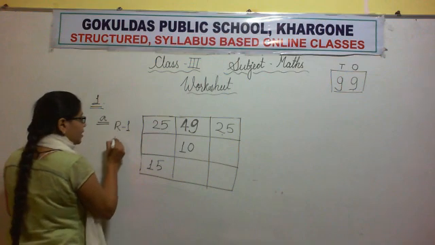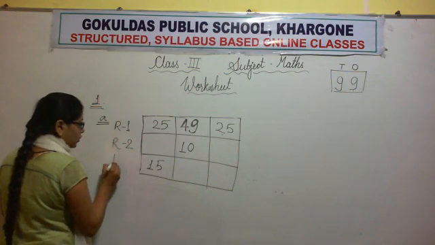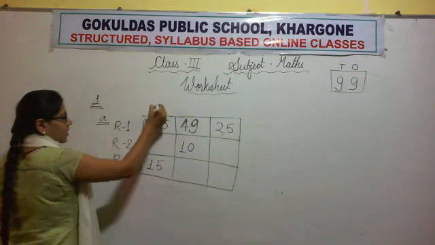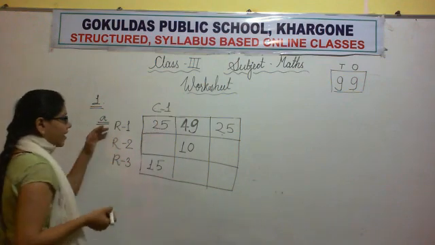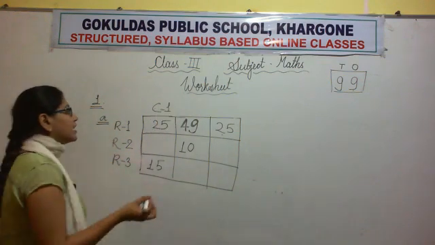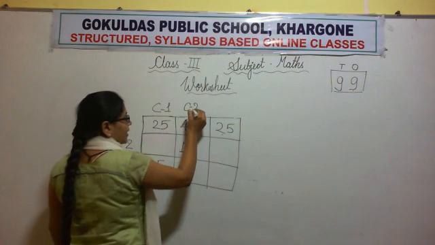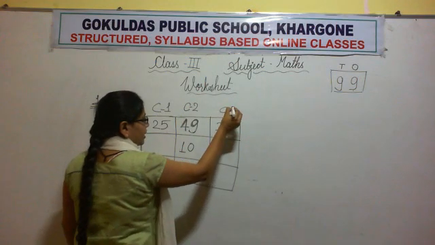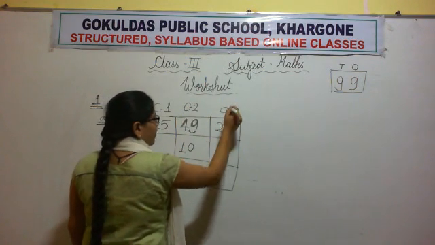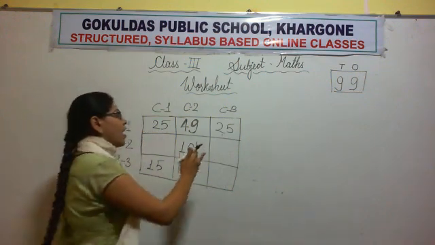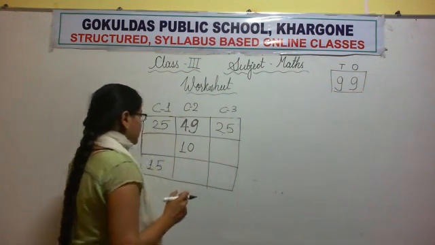This is R1, this is R2, this is R3, this is C1. R stands for row and C stands for column. We are writing them for our convenience.